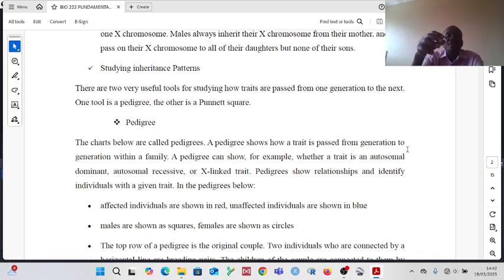Because remember, when you are inheriting, it means you are just taking it from one generation to another. We are a different generation, our parents are a different generation, and our children are a different generation. So what we inherited from our parents, there are tools that can be used to study that. What we give to our children, there are tools that can be used to study that. Two tools that are critical in doing this: one is the pedigree, and the other one is the Punnett square.